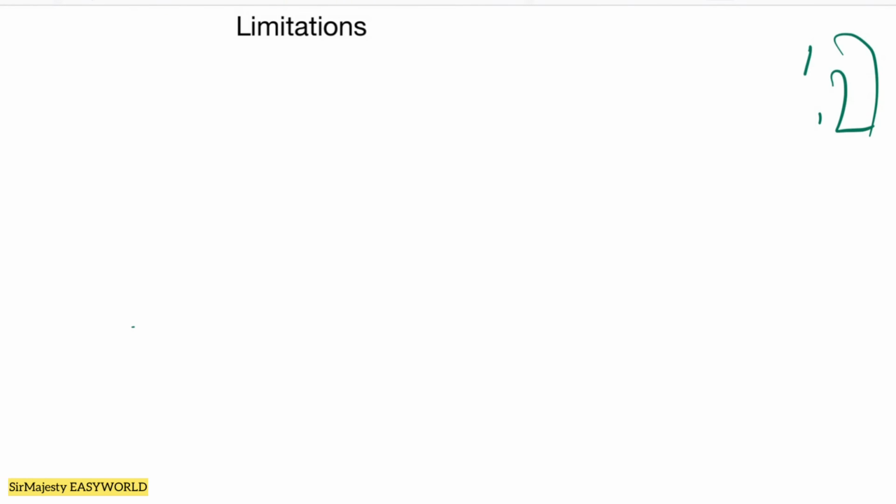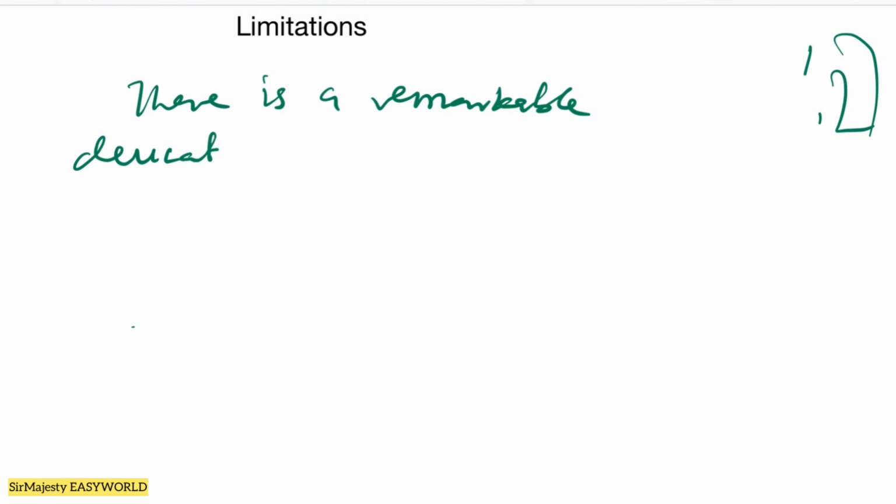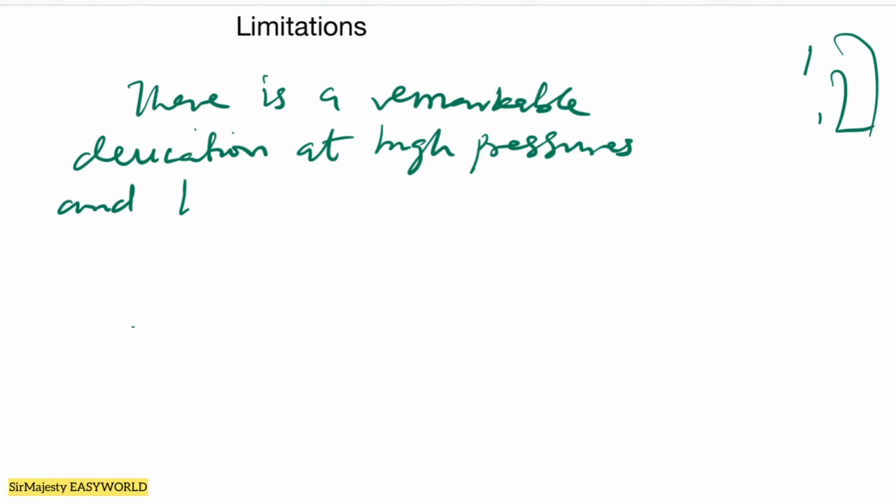So the limitation is that there is a remarkable deviation at high pressures and low temperature.